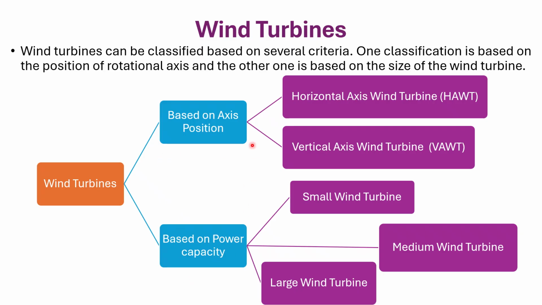Based on the power capacity, we call it small, medium, and large. Based on the axis position, horizontal or vertical, HAWT or VAWT.